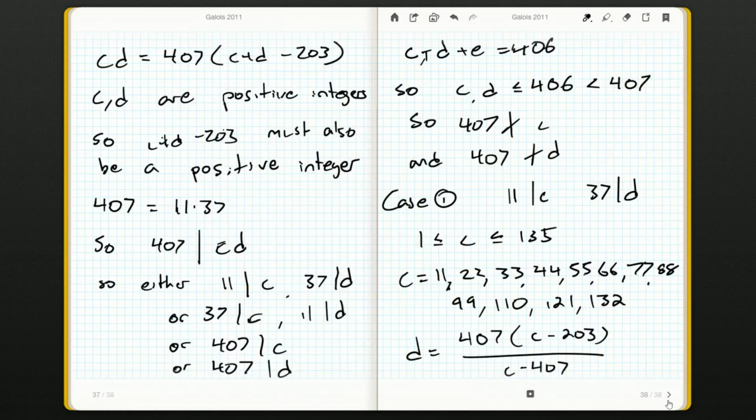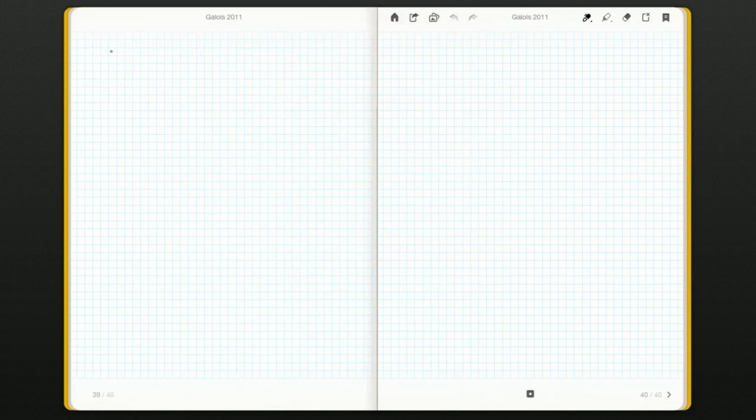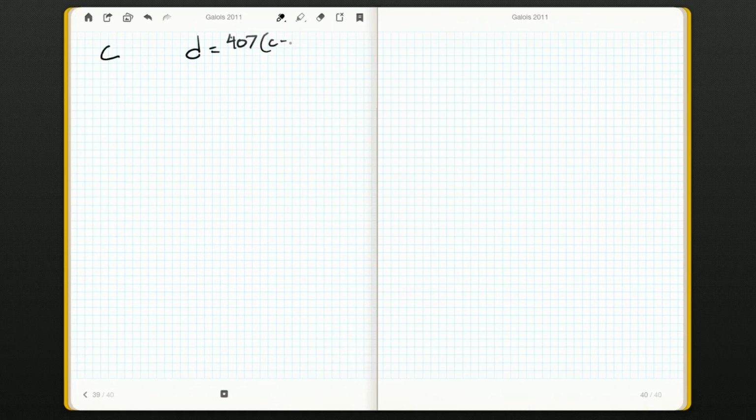That one's not going to work. So this is what I'm going to do. I'm going to make a column, my C's, my D, which is 407 times C minus 203 over C minus 407. And if I get an integer for C and an integer for D, then I'll definitely get an integer for E.